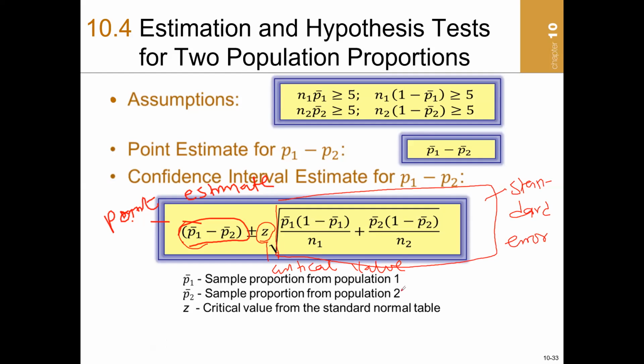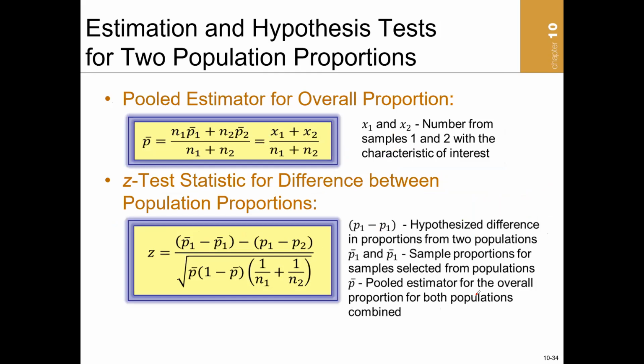Remember these formulas carefully. If you want to test hypotheses for two population proportions, remember that the critical value of a proportion is always the z, because there can be no t in proportion.